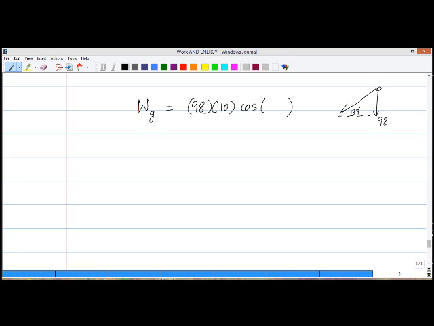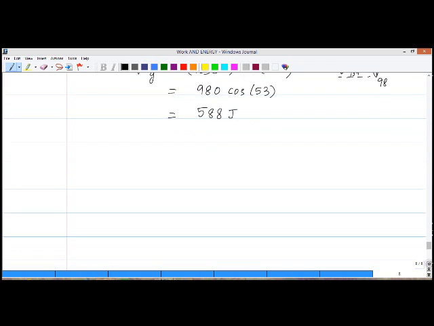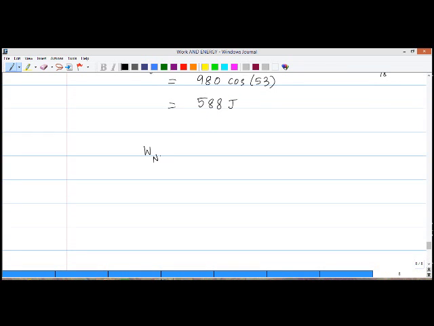If you look at the picture here, 37 is the angle that the incline makes with the horizontal, but the angle that we are interested in is the angle between the force and the displacement, and that happens to be 53 degrees. So be careful when you're doing this. So it's 53, and that gives me 980 multiplied by cosine of 53. Cosine 53 is approximately 0.6, and this gives me 588 joules. So now we have the work done by gravity.